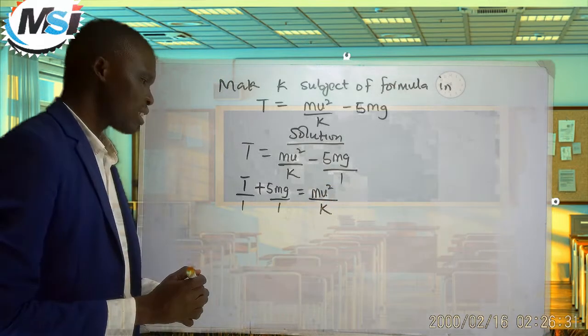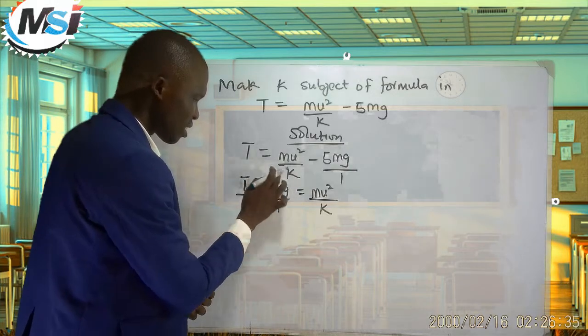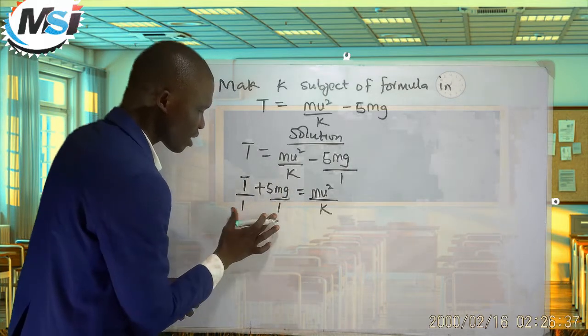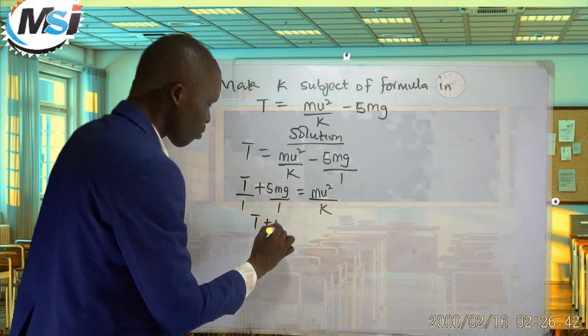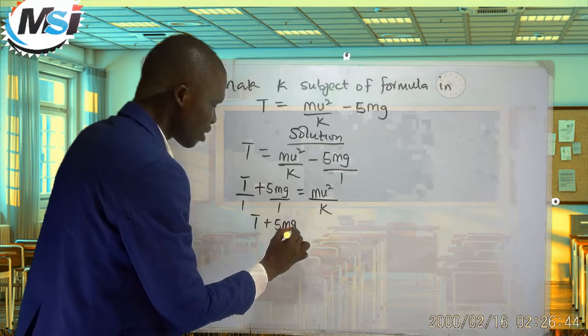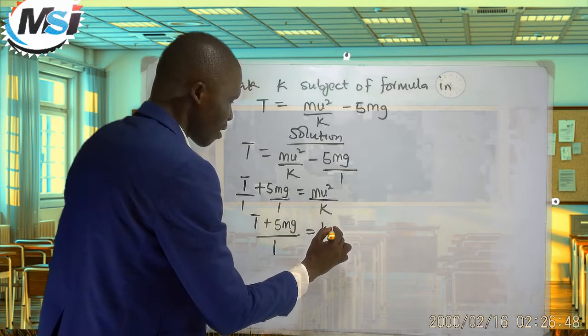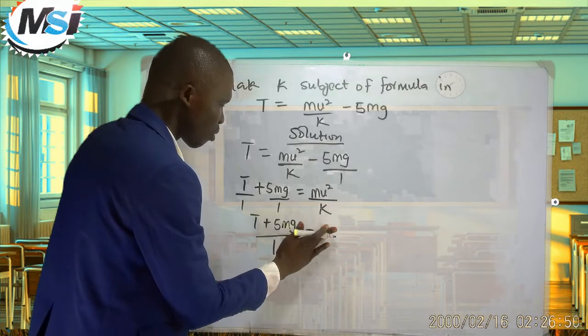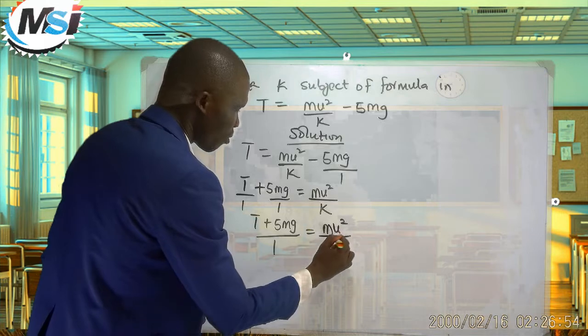Since they have the same denominator, you can just say T plus 5mg divided by 1 equals mu squared all over k.